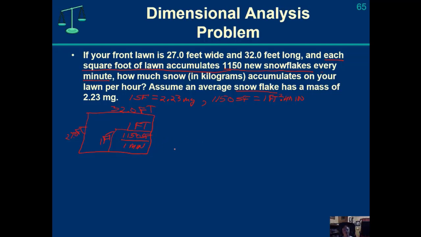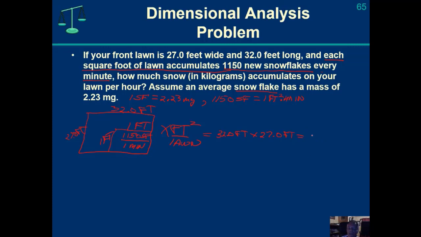Okay, I actually think we have enough information. I guess all I have to do now is figure out, how big is my lawn? So X feet squared for the entire lawn, which is actually what I'm interested in. That's just going to be 32.0 feet times 27.0 feet.